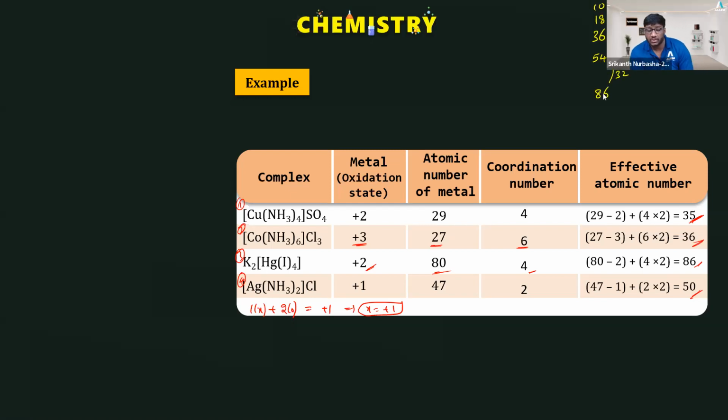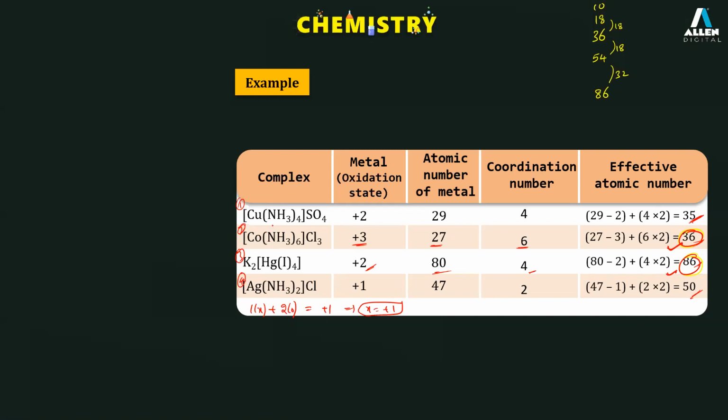So that is radon. So 36 and 86 are matching with the nearest inert gas. So K2HgI4 and Co(NH3)6Cl3 are following the EAN rule. What about Cu(NH3)4SO4? 35, not following. The other one, not following; 54 should be there. Like that, you can calculate the effective atomic numbers.